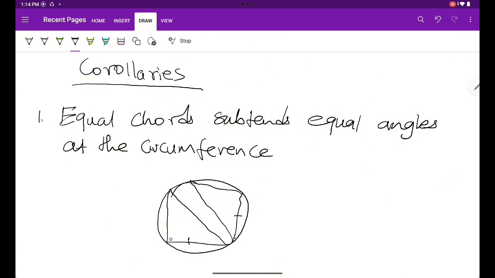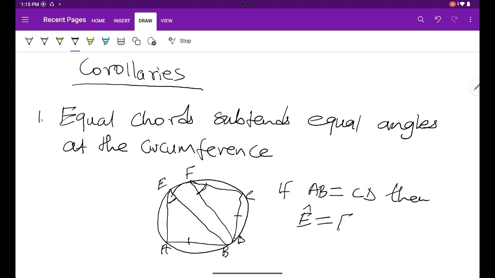So if chord AB and chord CD, and AB is subtending angle E, while CD is subtending angle F, and CD and AB are equal, then angle E equals angle F.